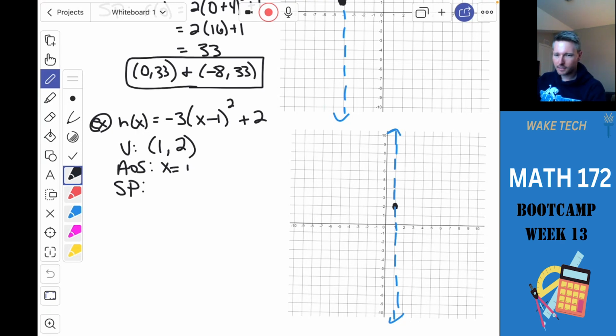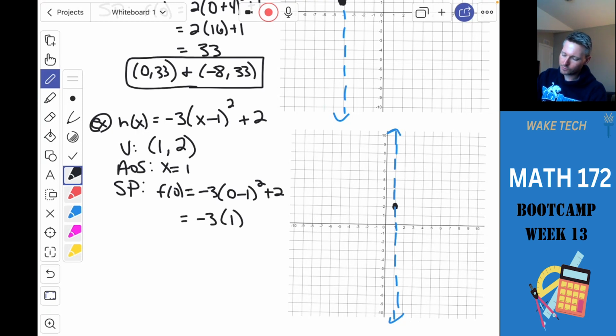And then for symmetric points, again, I'm going to calculate the function at 0. That's -3 times (0 minus 1) squared plus 2. That's -3 times 1 plus 2, which is -1. So 0, -1 is on the graph of the parabola.